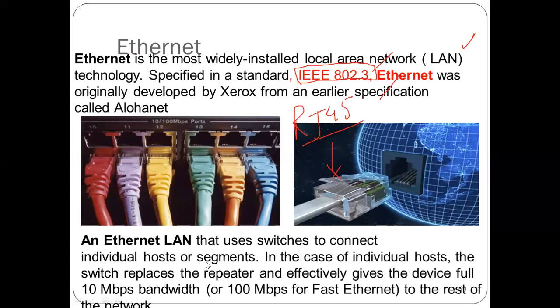So an Ethernet LAN uses a switch to connect individual hosts, right? On the left hand side, you see this is a port where we have the male and female connector. So we can connect with this switch, and then we can establish our LAN. Otherwise, as I told you in lab, we can connect through a cross cable, but the problem is the cost will increase because we need more Ethernet ports.